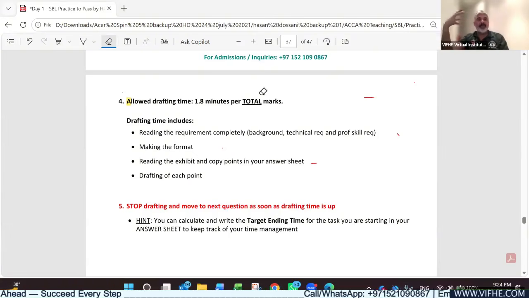If the allowed time is up and you still continue doing that question, that means you are now falling in the time trap. No?